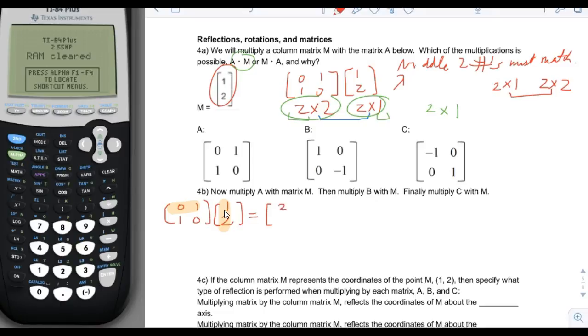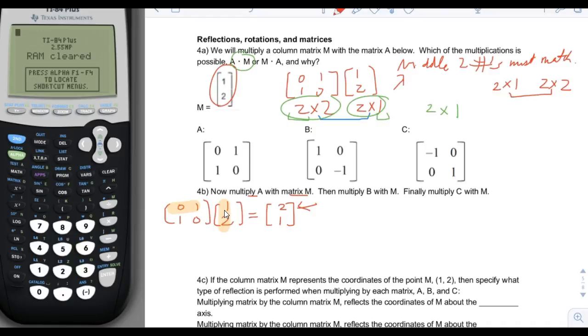Then the second row of the first matrix, 1 times 1 plus 0 times 2, which is 1. So the result of multiplying matrix A with matrix M is another column matrix, except the numbers are reversed.